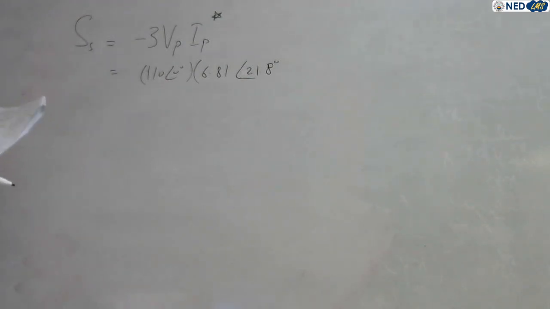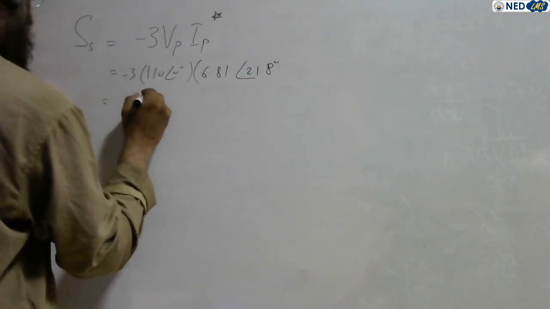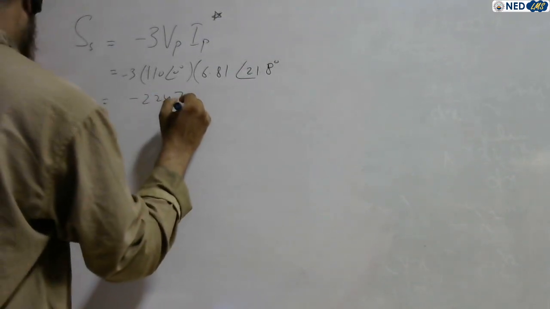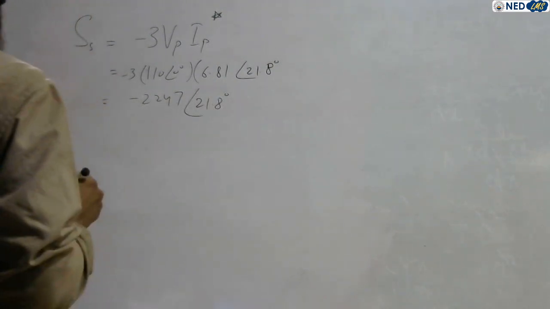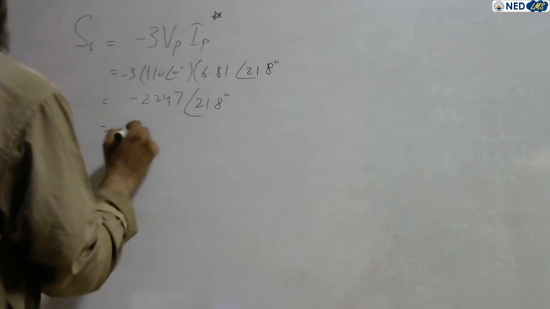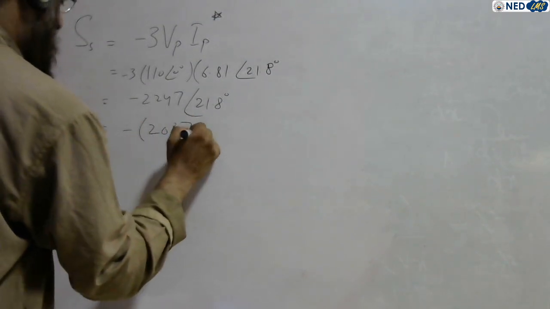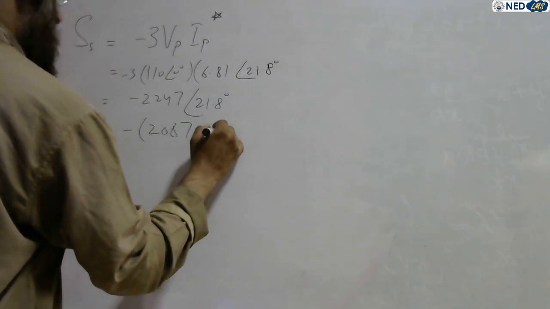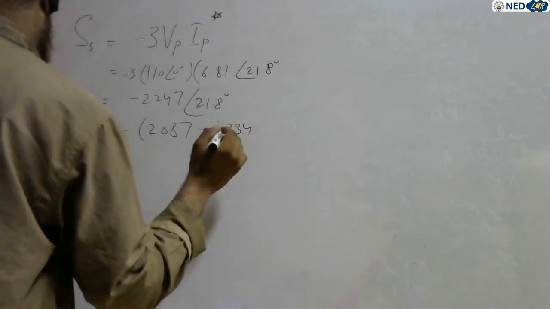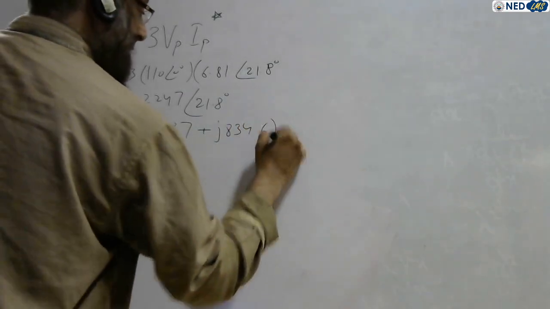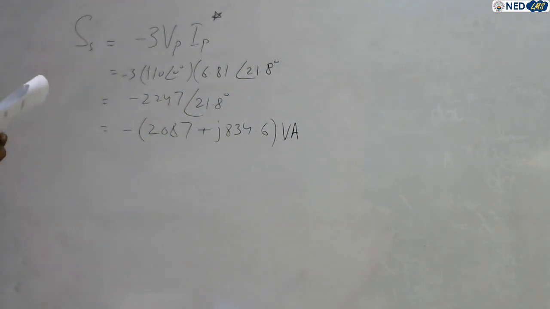After solving, you will get minus 2247∠21.8 degrees, and if you convert this into rectangular form, you will get minus 2087 plus j834.6. The unit is volt amperes, because it is complex power.